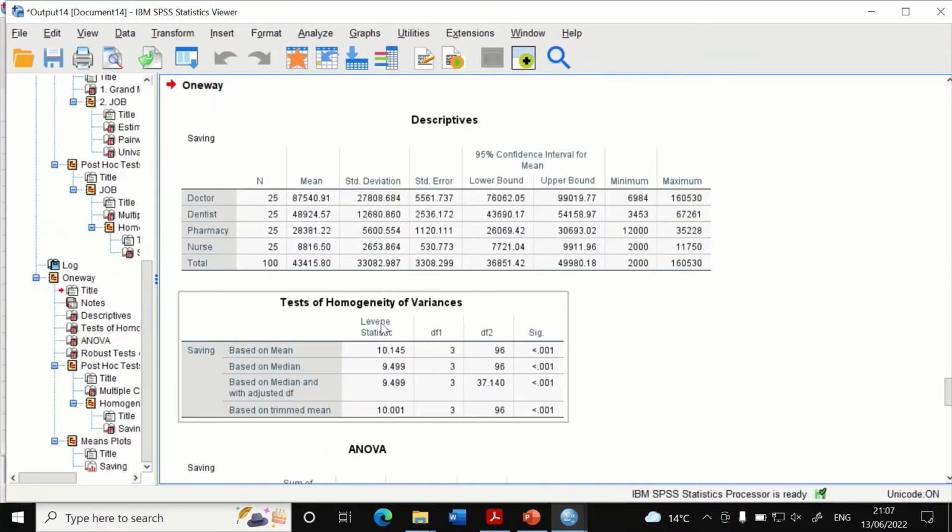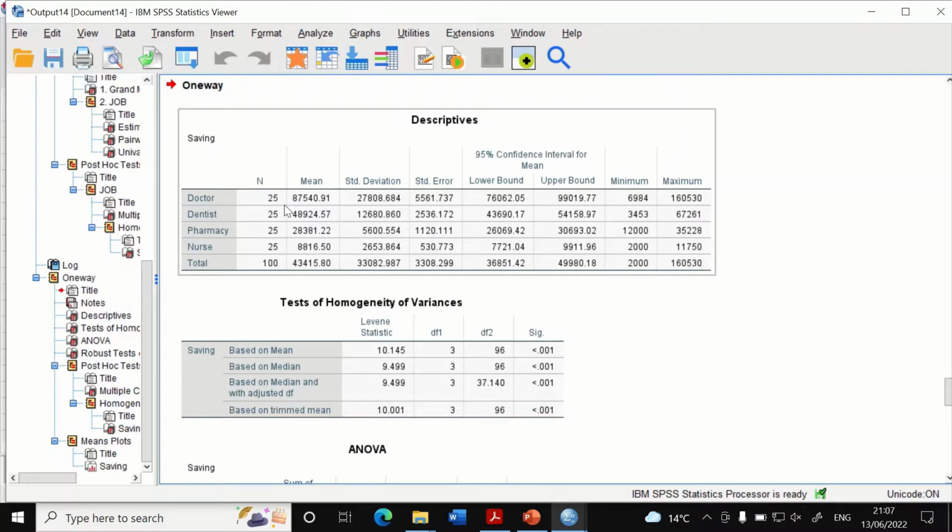Click on OK. Again, a descriptive table is generated showing all the 4 occupations with the sample size for each and the mean. As we can see here, there is a variation in the mean, and so there is a difference between the groups.